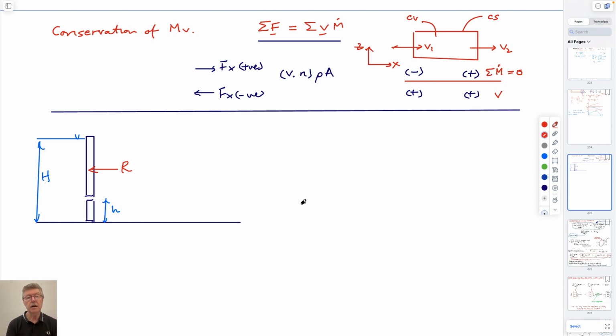And so we could write the expressions for this. So let's not do that yet. So what are the forces acting on that gate going to look like? Green is for pressure distributions, blue is for velocities.